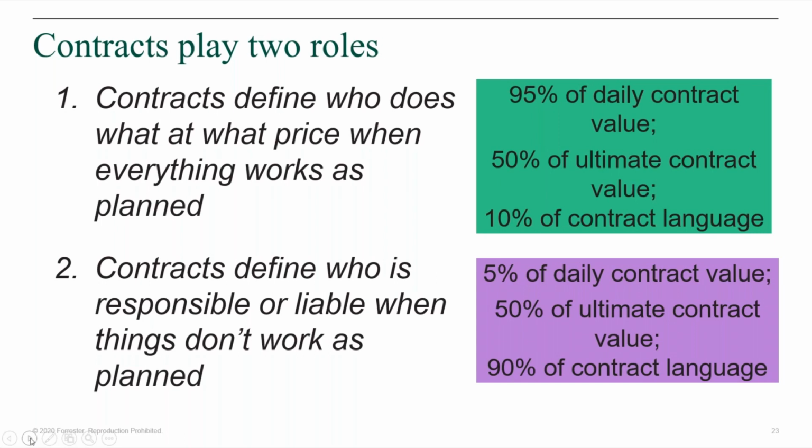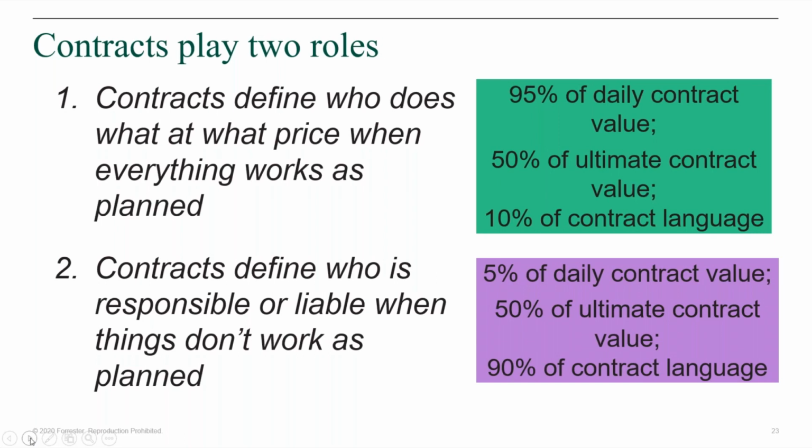That's because contracts play a second equally important role. And they define who is responsible or liable when things don't work as planned. Now that matters because yes, 95% of the time everything works as planned, maybe 98%, 99% of the time. But there will be these times when things blow up, when things don't work as planned. And contracts then allow the determination of who fixes the problem.